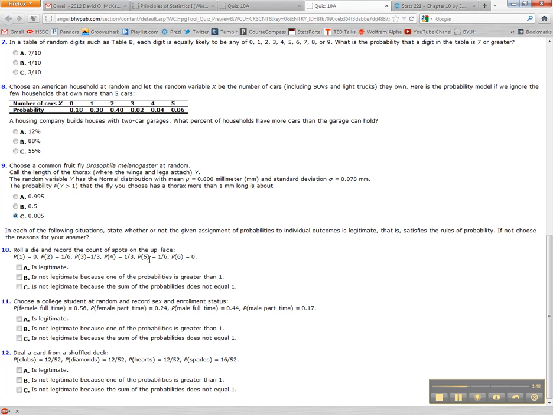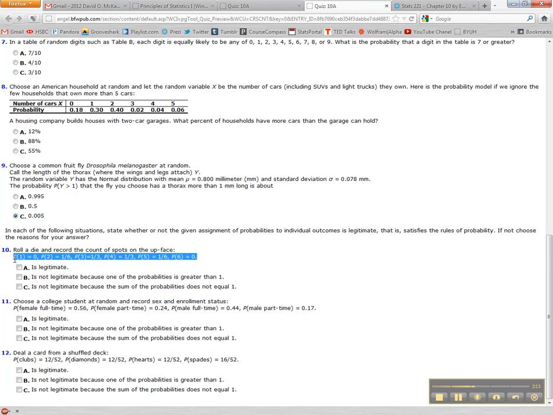For this specific die, we don't really know what kind of die they're dealing with, because it says here that the probability of rolling a 1 is 0. Now you know that the probability of rolling a 1 is 1 out of 6, the probability of rolling a 2 is 1 out of 6, the probability of rolling a 3 is 1 out of 6. So this doesn't follow the conventional die you're accustomed to.